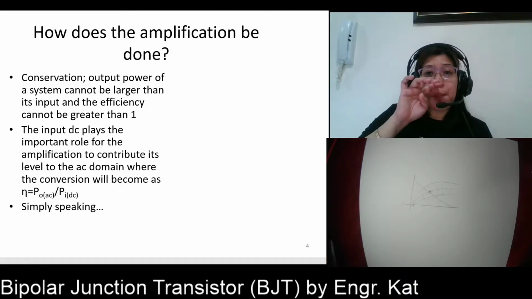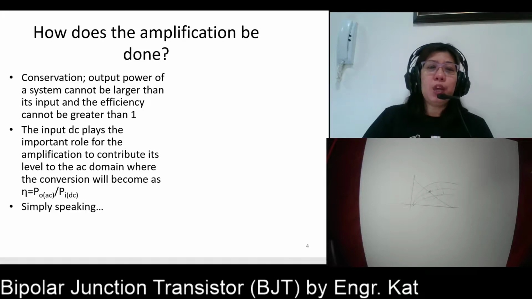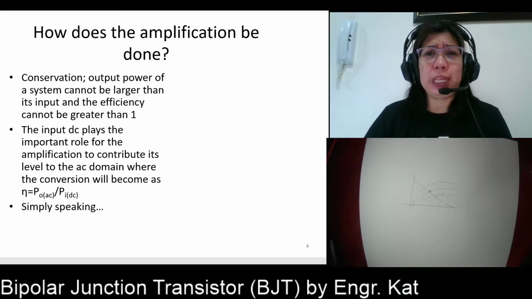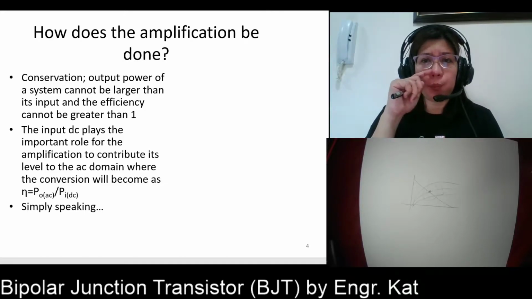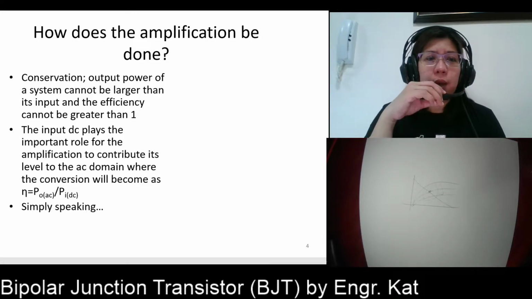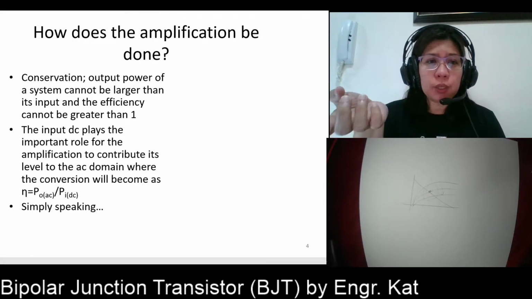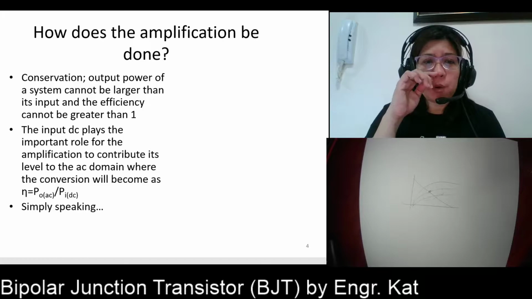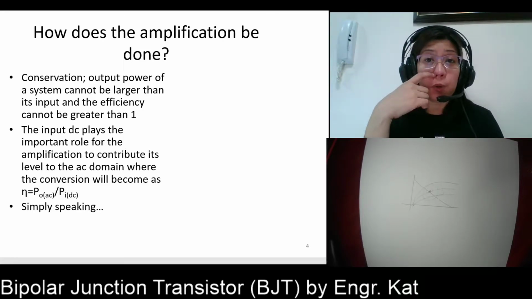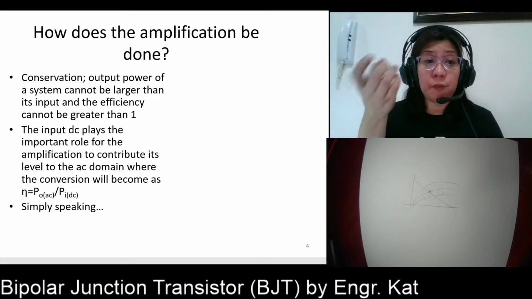So how is the amplification done? Okay, so you might be wondering why your output will be greater. How is it possible for your output to be greater than your input signal? We know that about the conservation of energy, the output power of a system cannot be larger than its input. So where will the larger value come from?